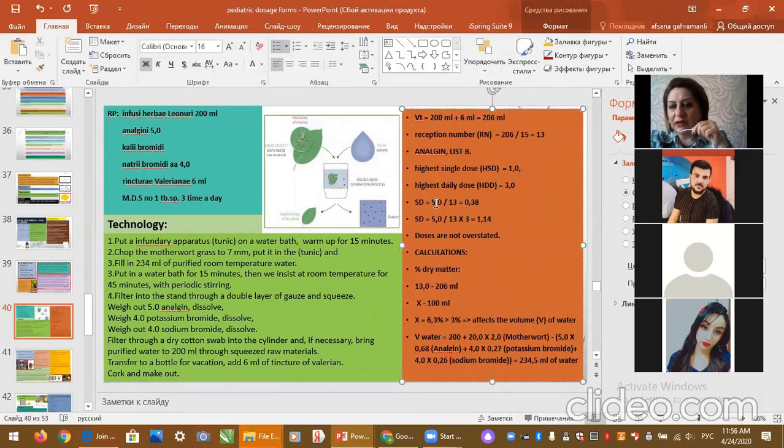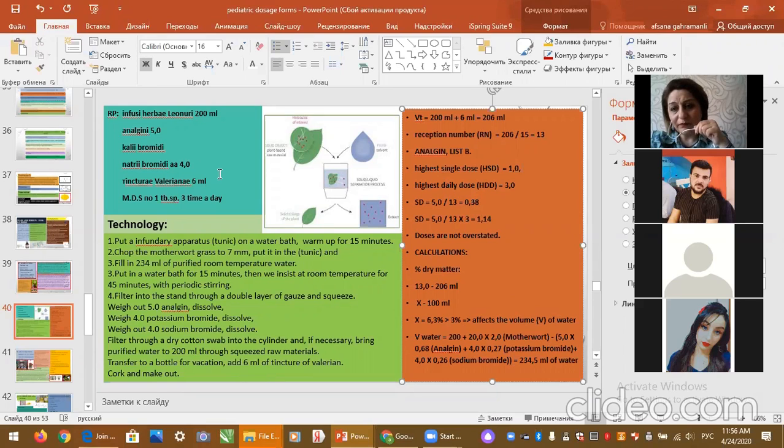You must divide its total dose in our prescription by the using time. 5 divided by 13, 0.38. 0.38 shows us the single dose of analginum in our prescription. Yes, my dears?